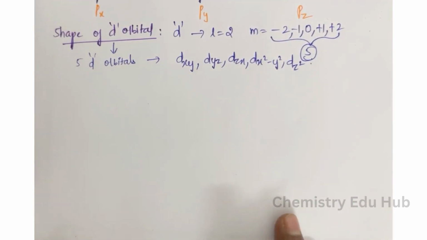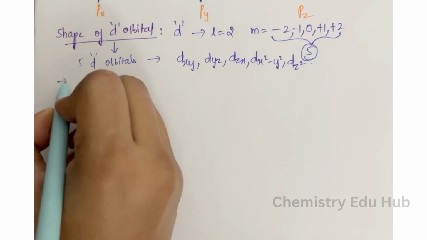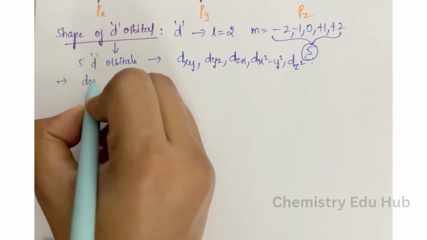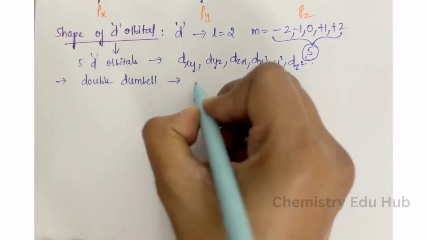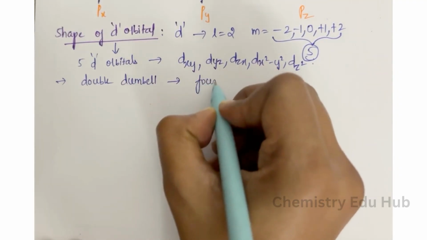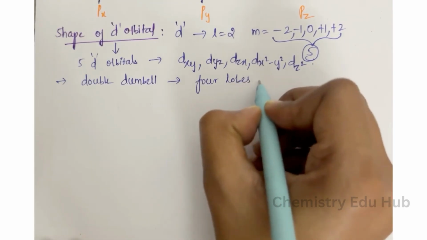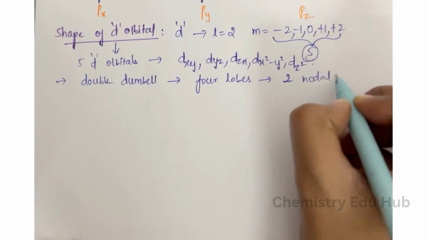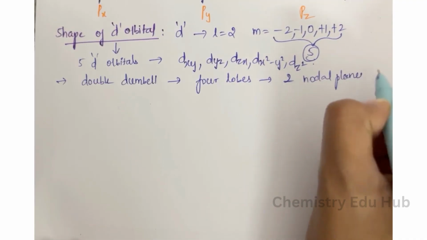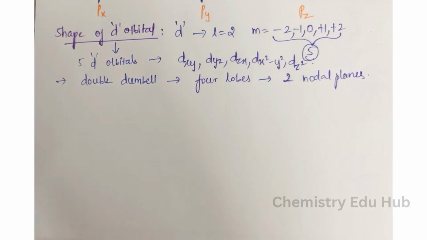So based on the electron density distributed, the shape of the d orbital is called double dumbbell because it has the electron density distributed in 4 lobes and hence each d orbital will have 2 nodal planes. So let us see the shapes of these orbitals.